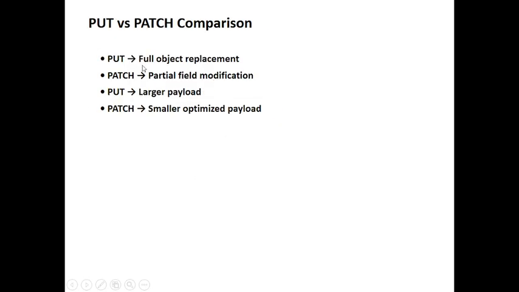PUT is for full object replacement, PATCH is for partial field modification, like only the mobile number or only status. Whereas PUT takes the entire user object, suppose it has name, city, and mobile number, so all the fields have to be updated. PUT is a larger payload, PATCH is a smaller, optimized payload.